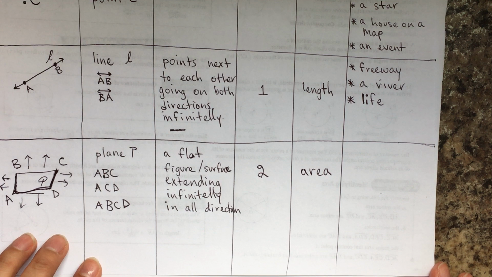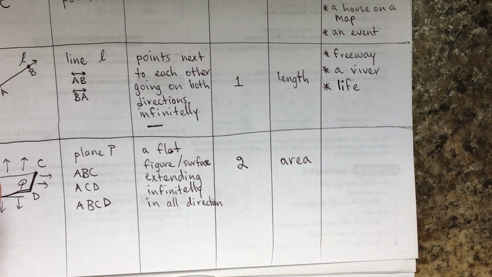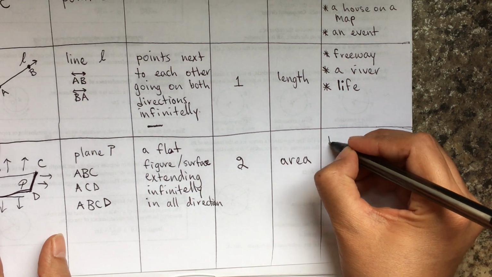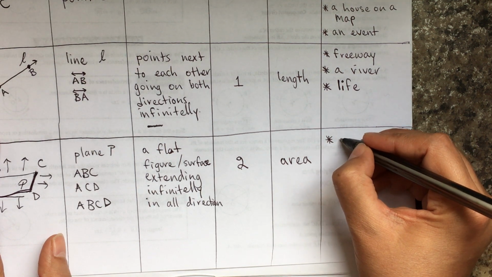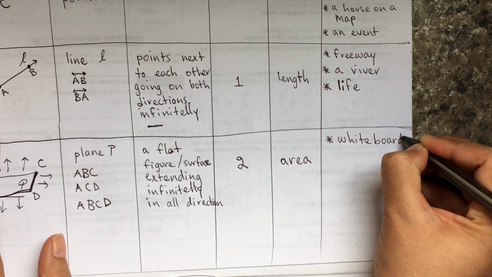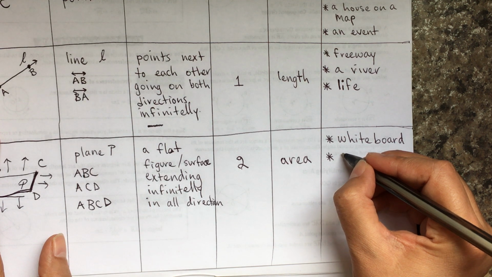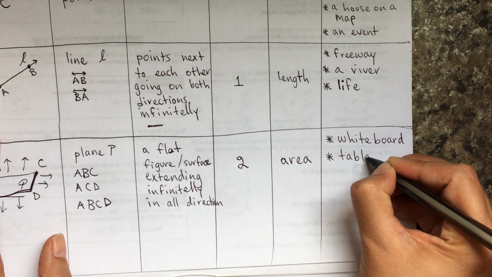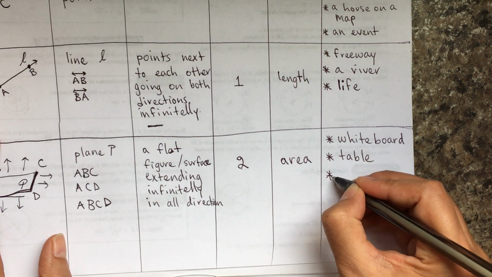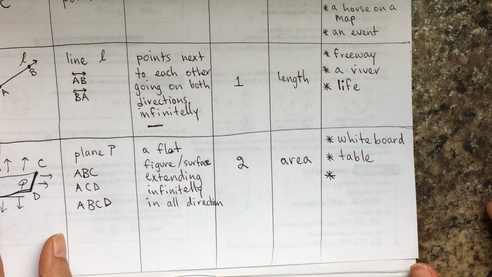Some real world examples, people came up with: a whiteboard. A whiteboard is a flat surface. They also said the top of the table. Somebody mentioned that before they thought that the world was flat.